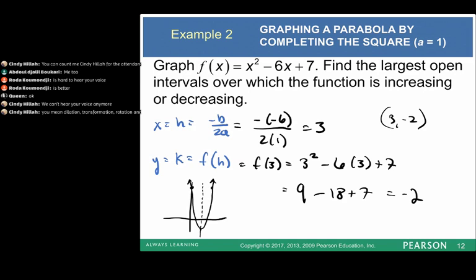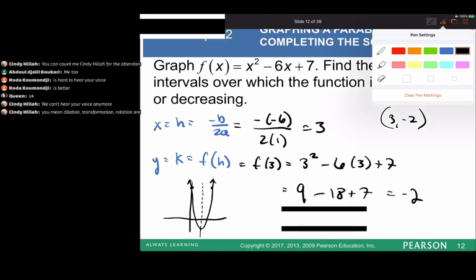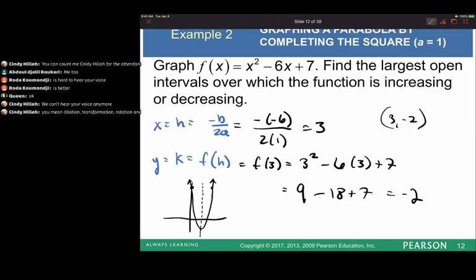Okay. So now, if the vertex is (3, -2), the leading coefficient is positive, so that means the parabola opens upward, right? So if this is our graph, remember we essentially just plotted points. We're asked to find the intervals over which it is increasing, decreasing, or constant. As we trace the graph left to right, first the graph is going down, right?